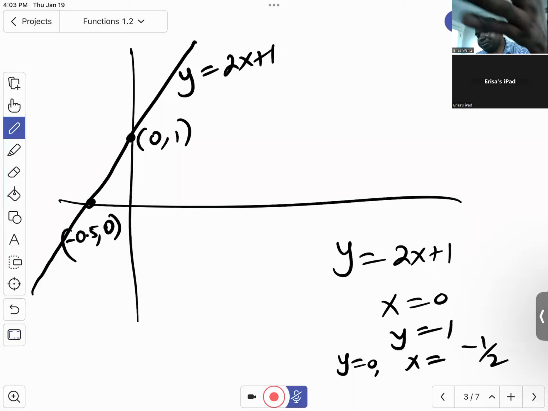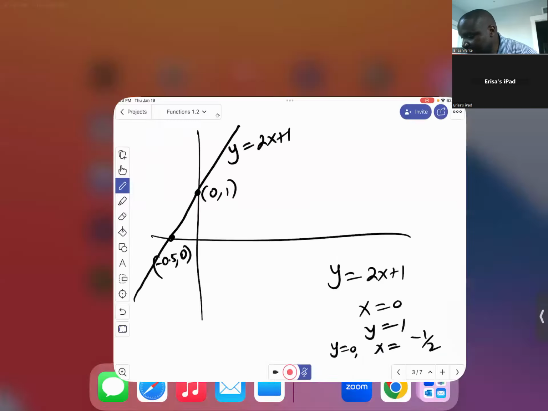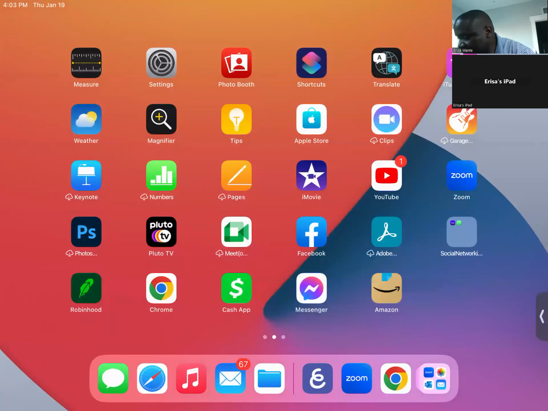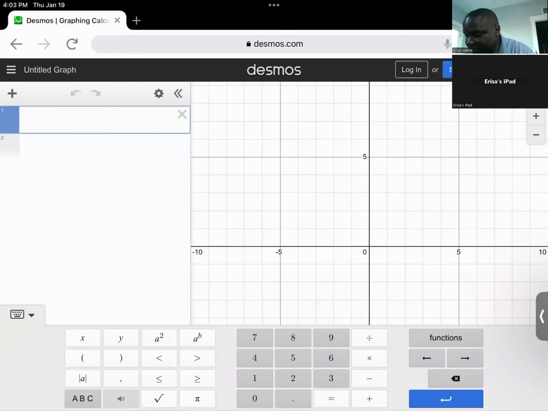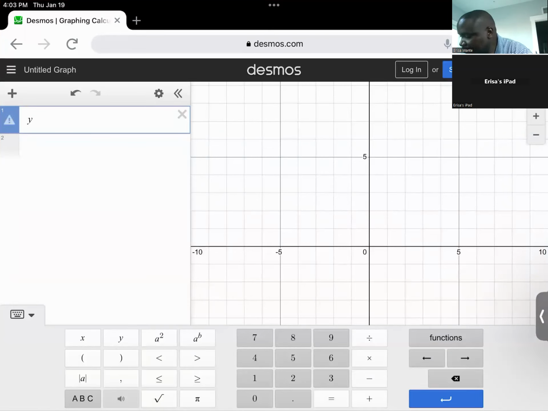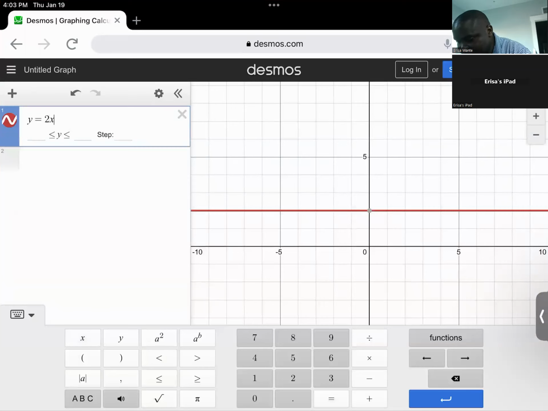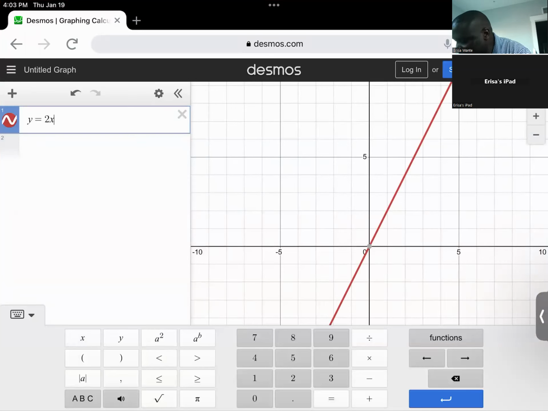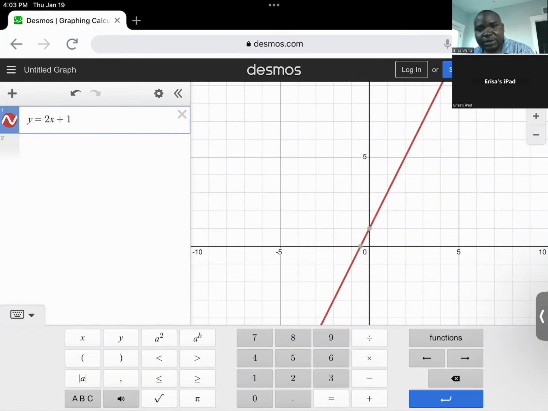I want to show you this using a software called Desmos. Desmos is a good software that we use. We type y equals 2x plus 1, and this is the graph we get.